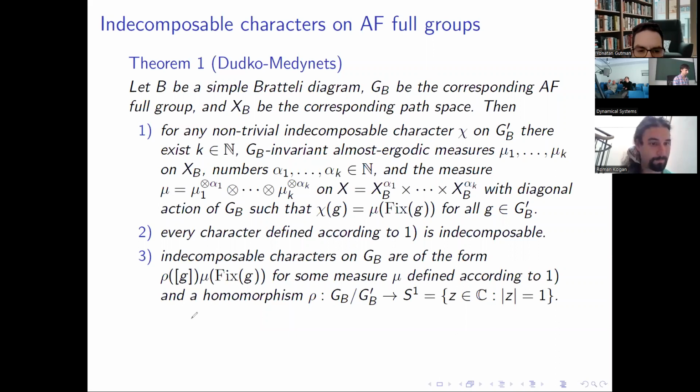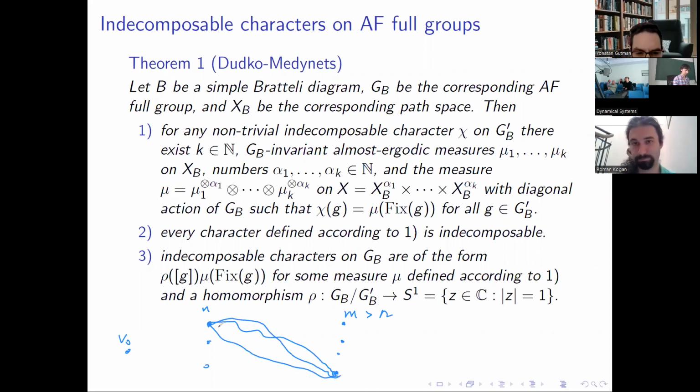So the property is that for each level N, there exists some level M greater than N such that for any pair of vertices, the number of paths between them is even. So it turns out that this algebraic combinatorial property describes simplicity of the full group.